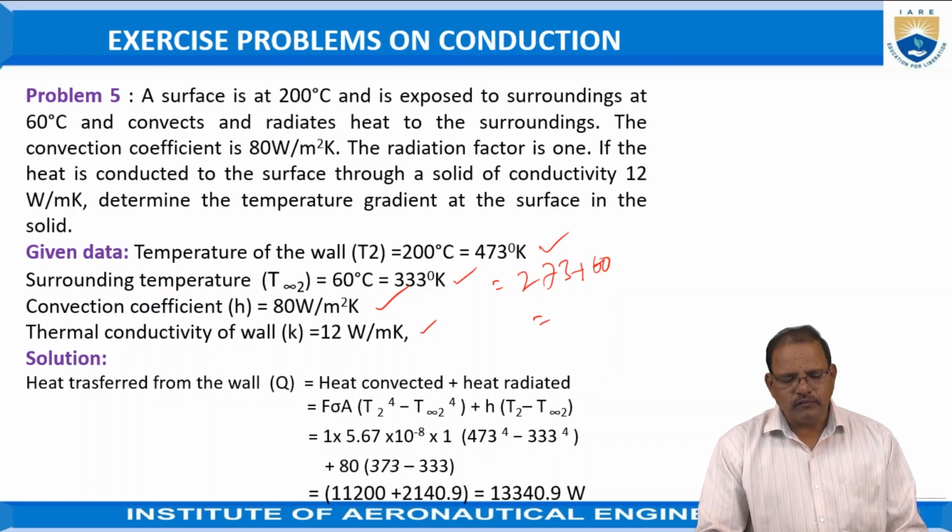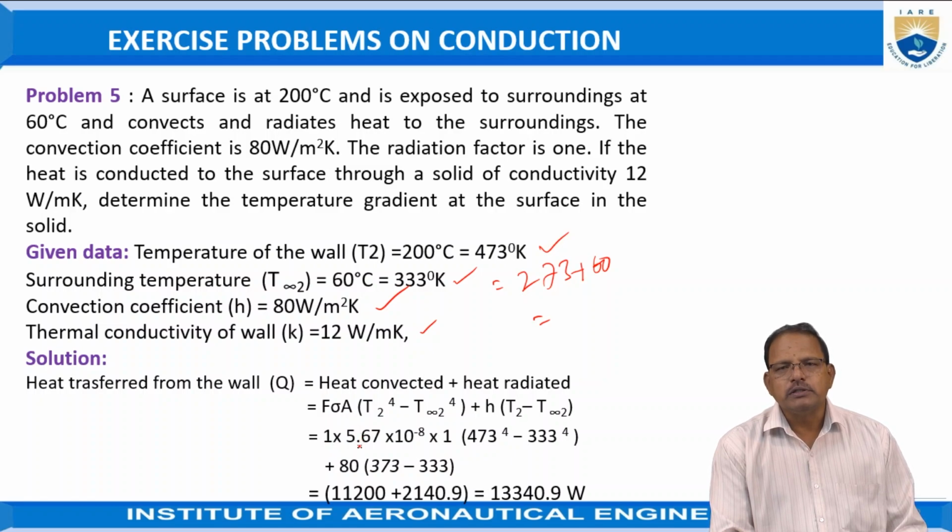The heat transfer from the wall Q is given by heat convected plus heat radiated now, which is equal to F into sigma into A into T to the power 4 minus T alpha to the power 4 plus H into T2 minus T alpha 2. Where F is equal to the shape factor, which is equal to 1 already given now.